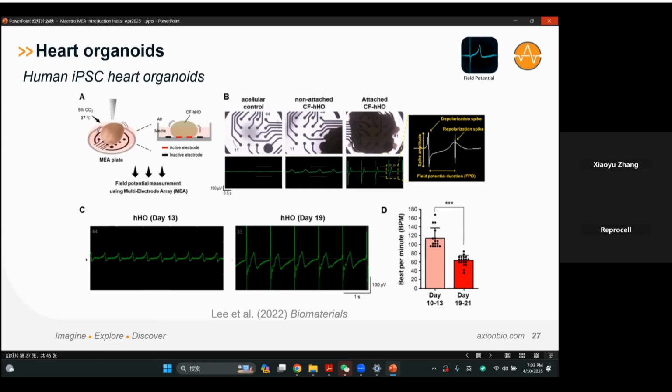They also observed a tendency similar to the patterns of in vivo heart rate that occur during maturation of the fetal heart to the adult heart. In the paper, the team also applied several compounds to the organoids. If you have interest in this research, you can find the paper for more details.